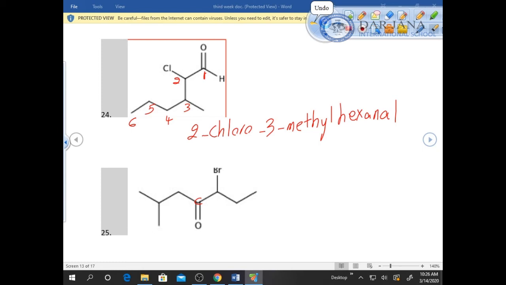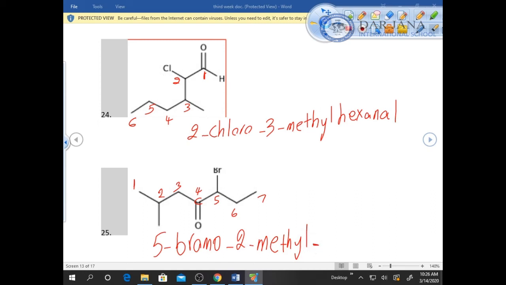So I will start from here 1, 2, 3, 4, 5, 6 and 7. So on carbon number 5 there is a bromine atom, so it will be 5 bromo, 2 methyl, 4 heptanone.